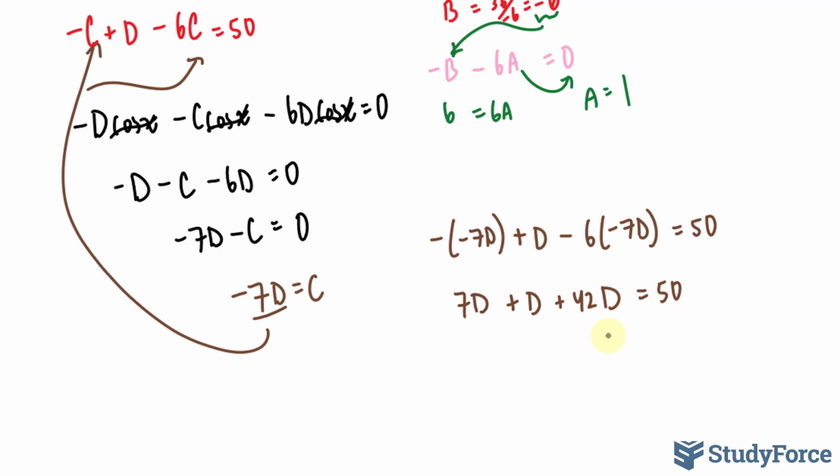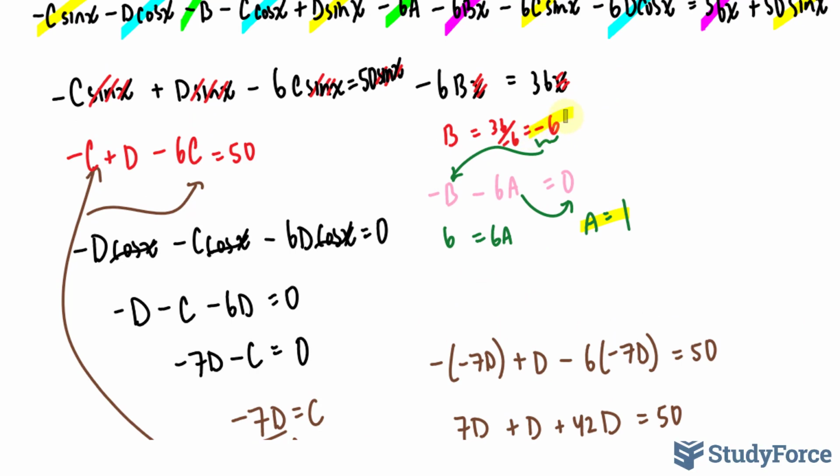These are all like terms, and that means d is equal to 1, because this adds to 50, dividing both sides by 50 gives us 1. We can substitute this into here now, where we have c is equal to negative 7. I'm going to highlight the key numbers that we found. We found d, c, a, and b.